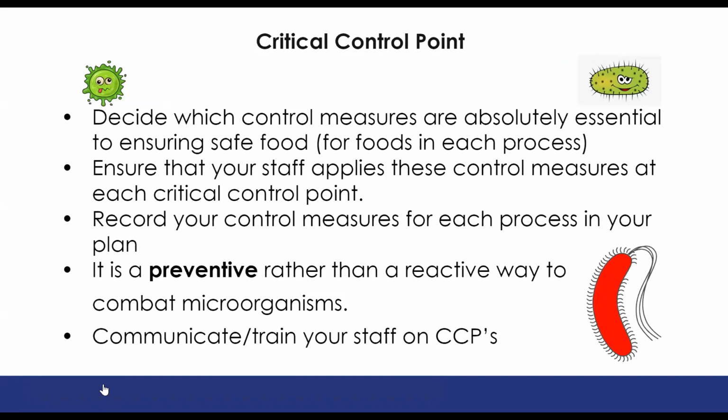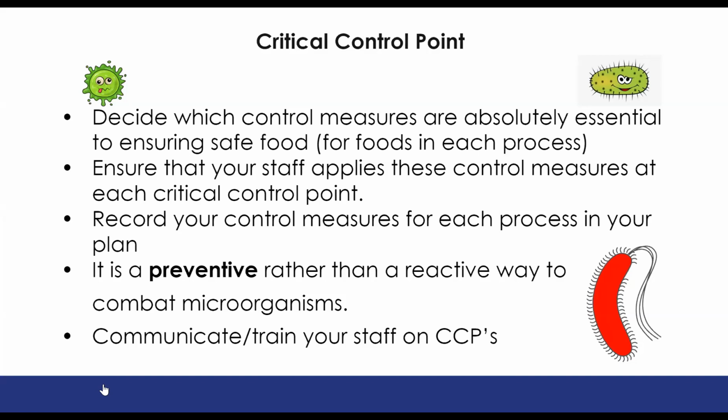You have to decide which control measures are absolutely essential to ensuring the safety of food for foods in each process. Ensure that your staff applies these control measures at each critical control point. You're going to record your control measures for each process in your plan, and it is a preventive rather than a reactive way to combat the microorganisms.